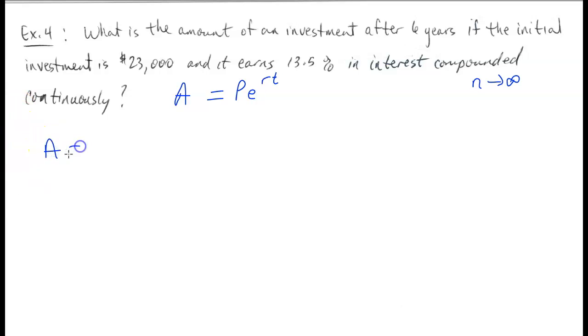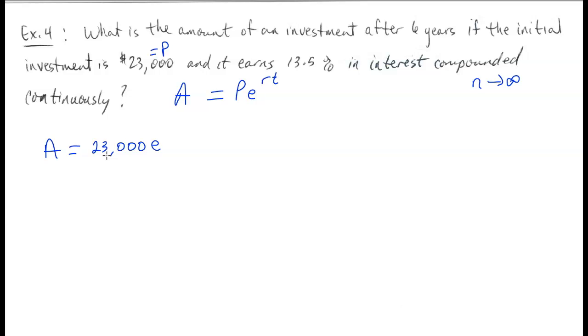Here we know that our initial amount, our principal P, is $23,000. We're going to have e here, and remember that number is approximately equal to 2.718. When you type this into a calculator, you want to use the calculator's version of e, not 2.718.